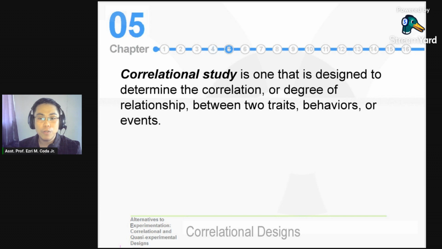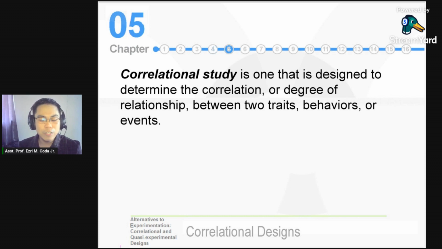Correlational studies. I have heard researchers, not just undergrad students but also postgrad students, say that correlational studies are trying to establish a cause and effect relationship, which is basically not true, because a correlational study, as an alternative non-experimental research design, is not an experiment.